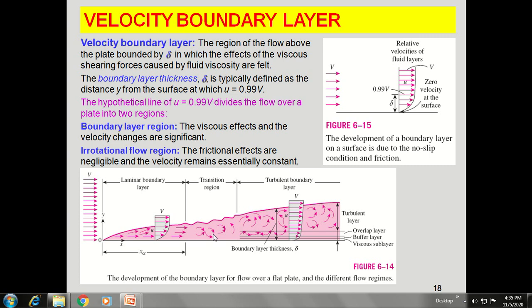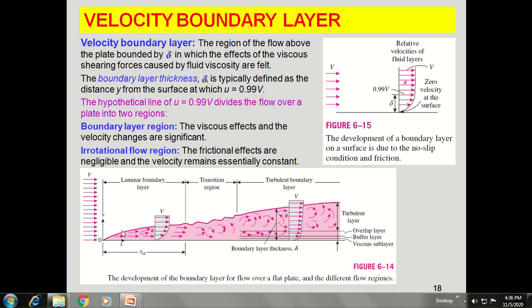Due to that, the velocity will be decreased. Similarly, one by one the fluid layers will apply some resistance to the fluid flowing over this plate. So that's why we get a point where the velocity of the fluid is equal to 99% of the mainstream velocity.